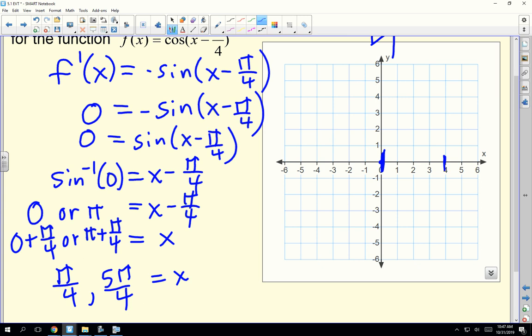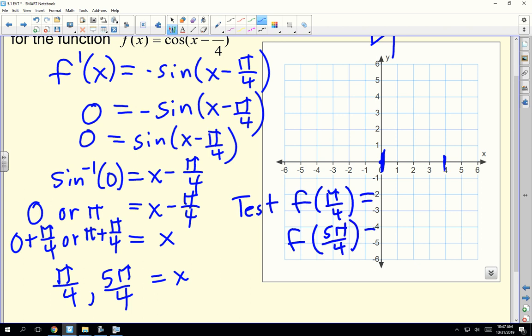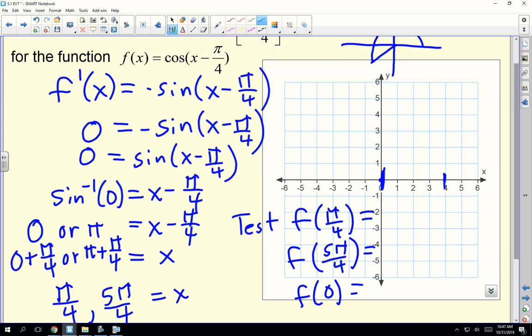Okay. So test f of pi over 4, f of 5 pi over 4, and f of 0. When you plug in f of pi over 4 to the original, guys, this is not f prime, but f. So plug it into the original. What do you get?